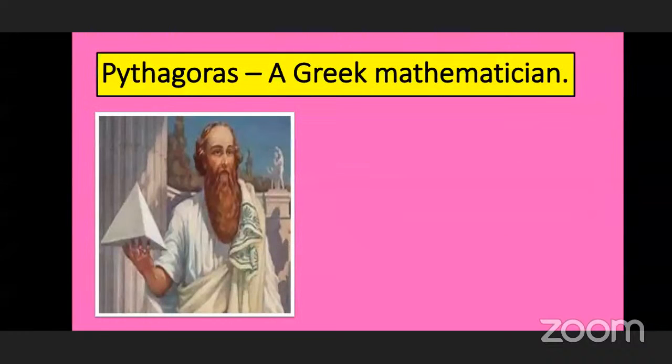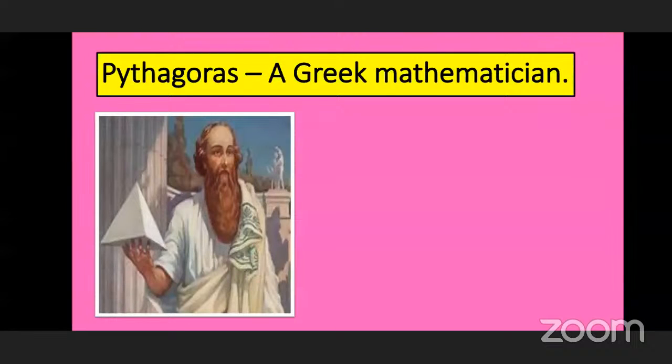Let's move on. See, there is a relationship between hypotenuse and the two sides, and that relationship was discovered by a great Greek mathematician, Pythagoras. On the screen you can see the picture of the great Greek mathematician. This great Greek mathematician and philosopher of the 6th century made a great contribution to mathematics.